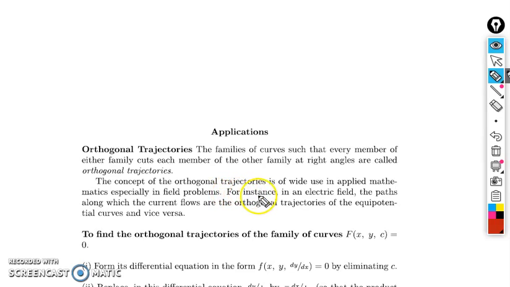For instance, in an electrical field, the paths along which the current flows are the orthogonal trajectories of the equipotential curves, and vice versa. If the curves carry the current, what should be the flow of the curves which cut the given curves orthogonally?